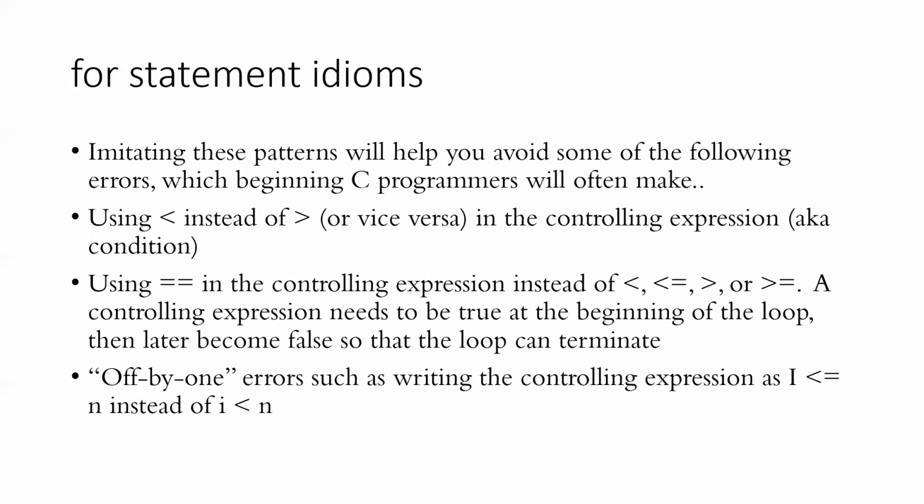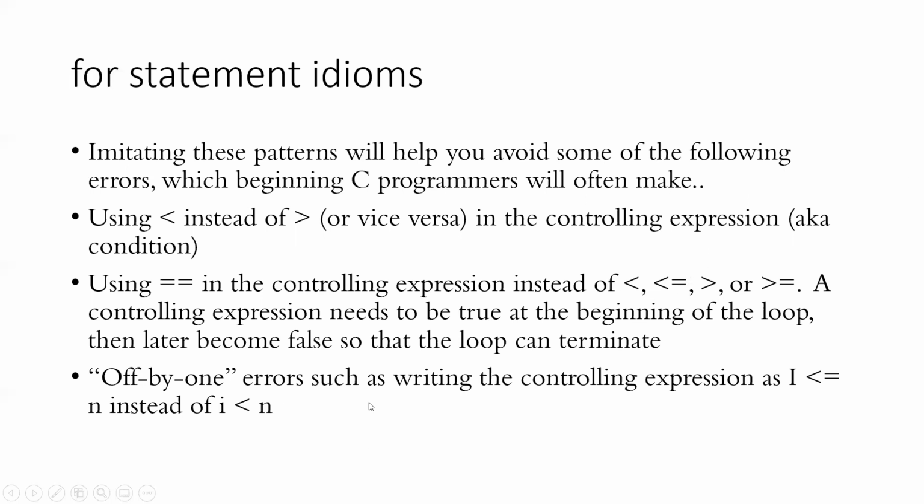These include using less than instead of greater than, or vice versa, in the controlling expression or the condition, and using equals in the controlling expression instead of less than or equal, greater than or equal. A controlling expression also needs to be true at the beginning of the loop, then later becomes false, so that the loop can terminate.